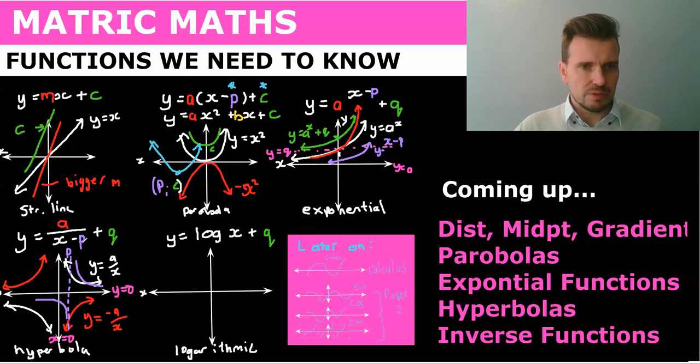So this would be y equals a over x minus p. And then q would change your horizontal asymptote. So if q was over here, then this would be q here, and we would now draw our graph. I'm not going to draw it.